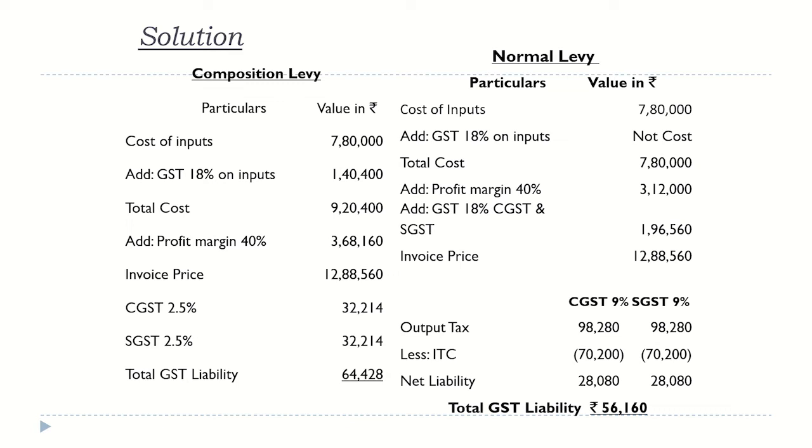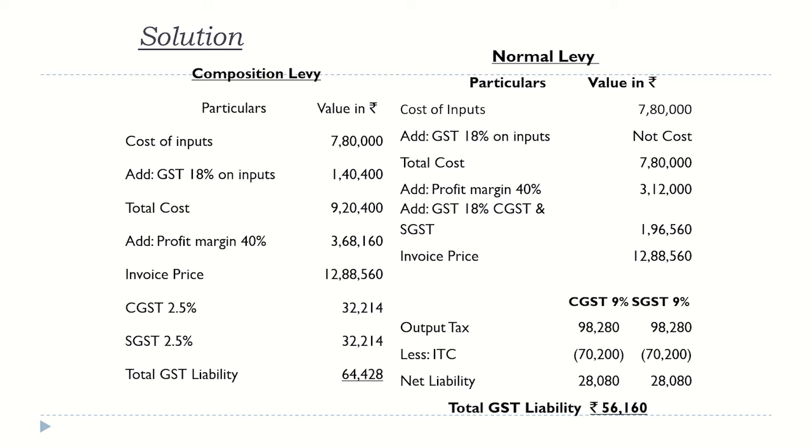The net liability for the hotel is only 28,080 of CGST and 28,080 of SGST, which works out to a total liability of 56,160. With this, we can decide that even though the invoice price under both schemes is the same, my total output tax liability is lesser under normal levy, and I would choose normal levy and maintain all my records in order to save my output tax liability.